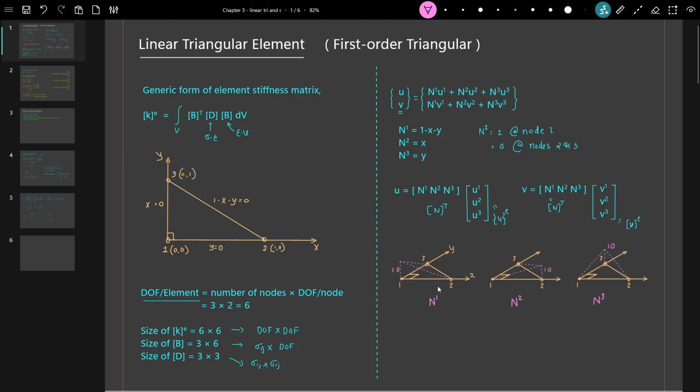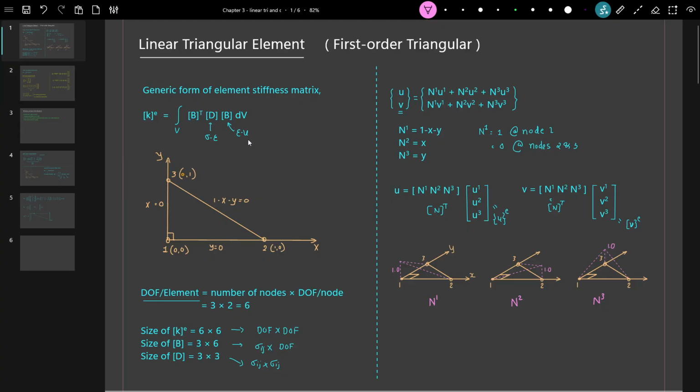And these are nodes 1, 2, and 3. So N1, as we can see, is 1 at node 1, and it is 0 at nodes 2 and 3. And it is a linear variation along the edge of the element. Similarly, N2 is 1 at node 2 and 0 at other nodes, and N3 is 1 at node 3 and 0 at nodes 1 and 2.